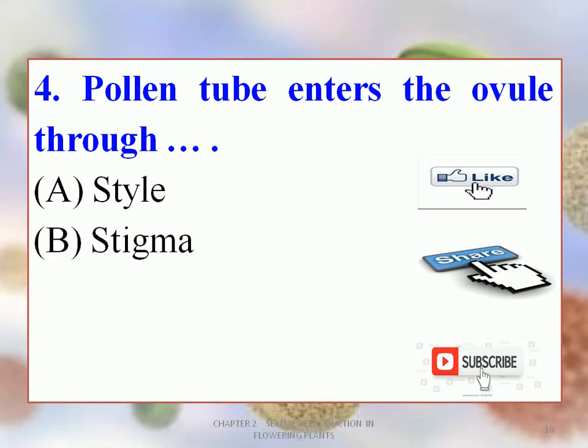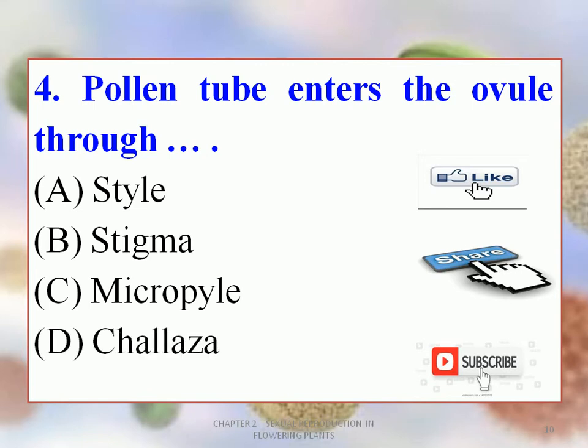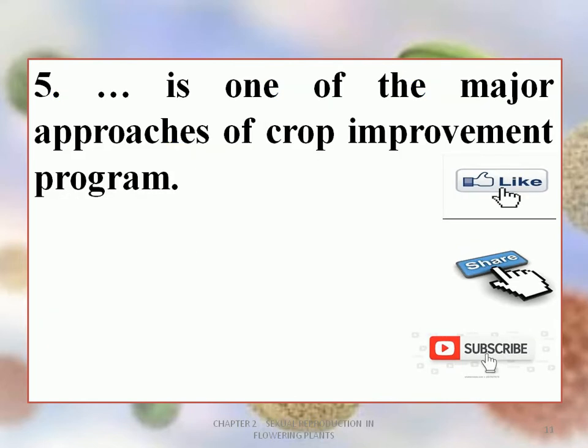B. Stigma. C. Micropyle. And D. Chalaza. The correct option is C. Micropyle. Yes, friends, pollen tube enters the ovule through the small opening which is termed as a micropyle.